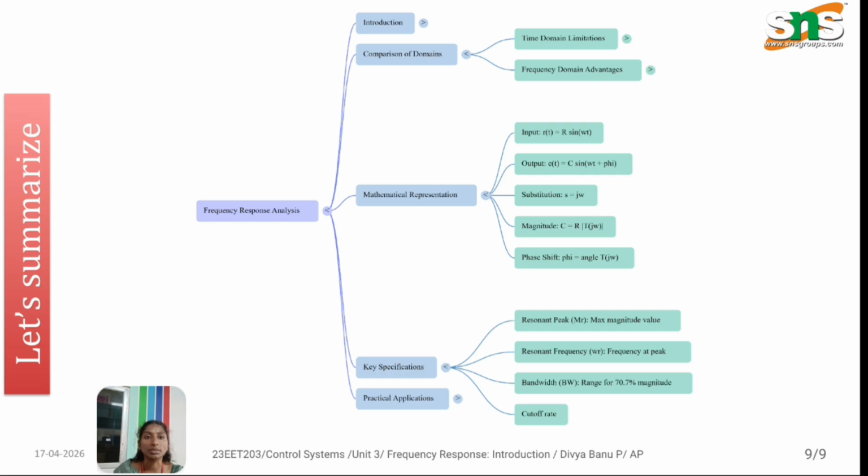Coming to the mathematical representation, input was represented by r of t and output was represented by c of t, and it gives an output of a sinusoidal waveform with a magnitude and phase angle. The key specifications are the resonant peak magnitude value, resonant frequency, and bandwidth, which play a major role along with the cutoff rate. And in the practical applications, we discussed power systems and communication applications.